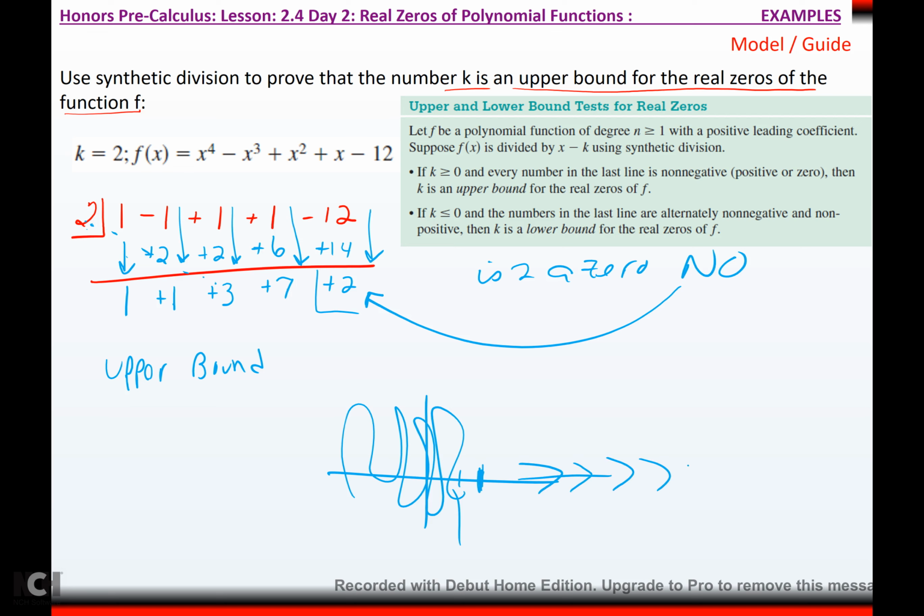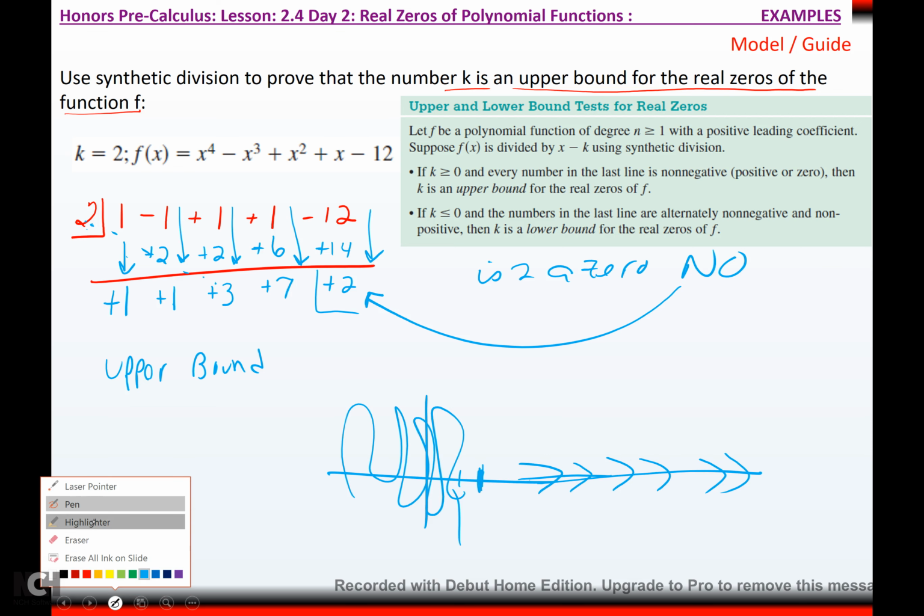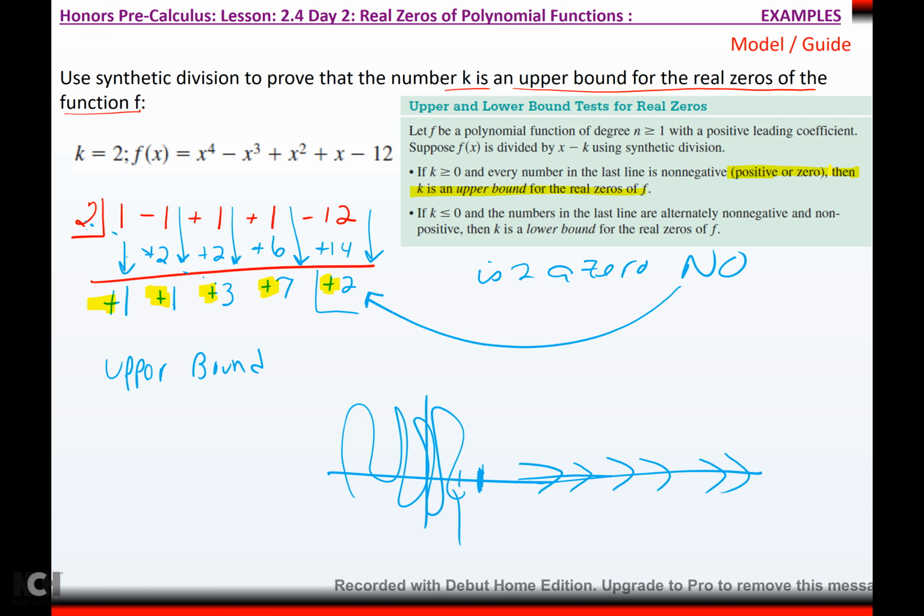It won't cross anywhere upper of 2. It is an upper bound because every sign on the last line came out positive. Positive, positive, positive, positive, positive. I don't care what the numbers are. They all came out positive, which says it's an upper bound. You can even get zeros there, but they have to be positive or 0.